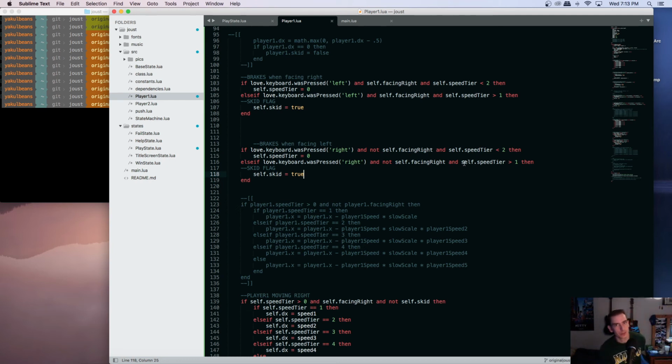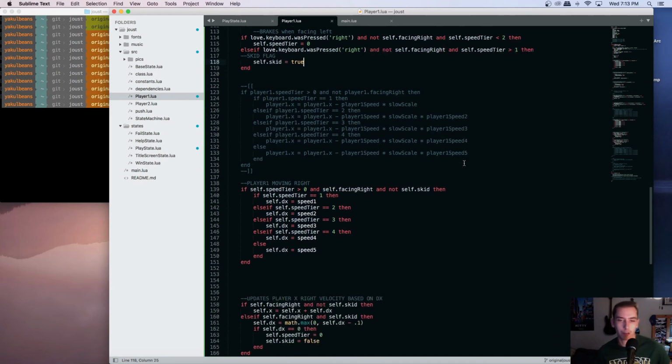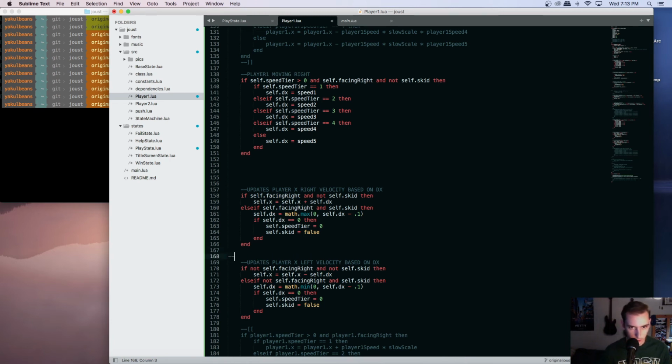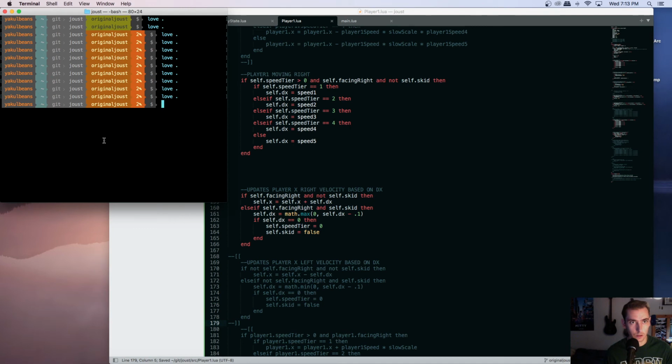So maybe it's just turning back to false really fast. So let me see if I turn off this block of code, if skid would be set to true when I'm facing right. Let's see if I can track that bug down.